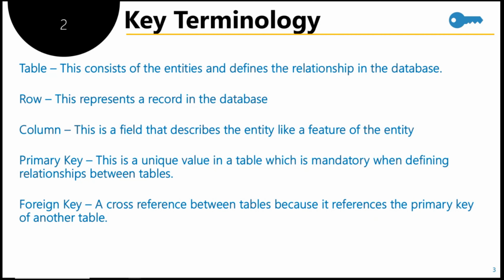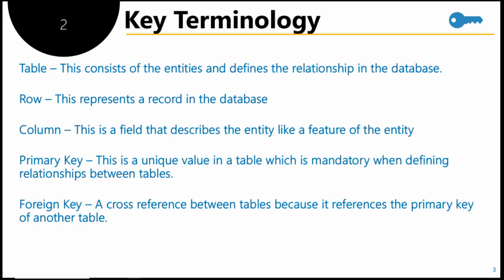When you have a patient's record, that is a row. Within that row, you would have columns. The columns will define the features of the entity. So in the patient's record, you would have maybe the patient's name. You could have what type of disease the patient might have. That's a feature within that table, and that record will be held in a column within that table.